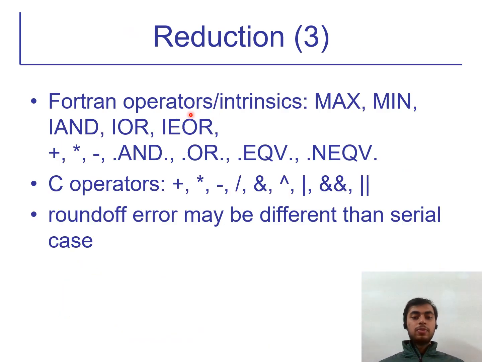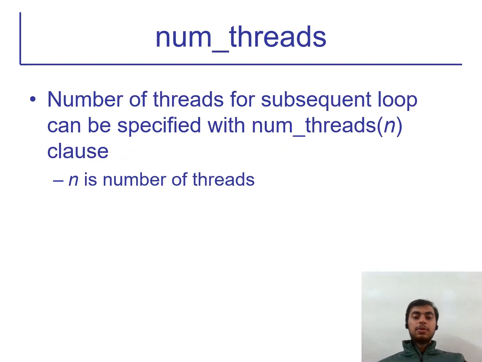Fortran operators and intrinsics: max, min, IAND and IEOR, plus, multiplication, minus, etc. C operators: plus, multiplication, minus, division, etc. Round-off error may be different than the serial case.